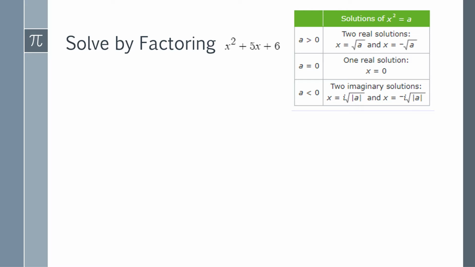All right guys, let's solve this equation by factoring. Of course, we know this is standard form. But this time, since the equation is set to 0. All right, so again, solve it as if you are factoring.